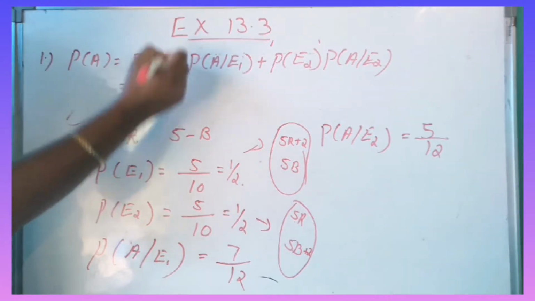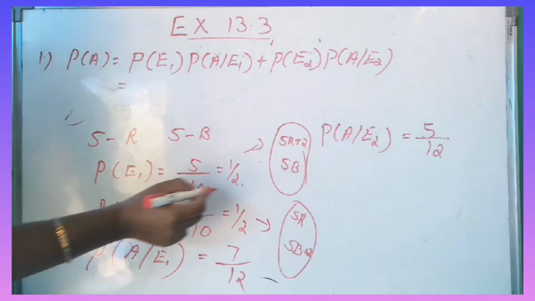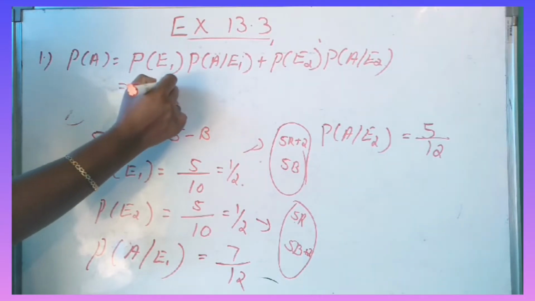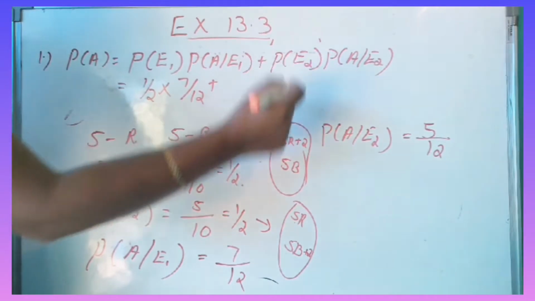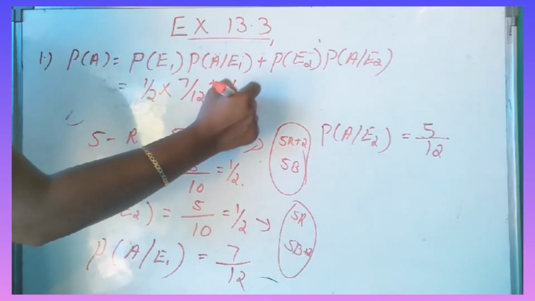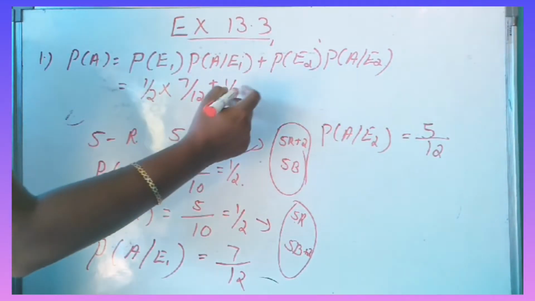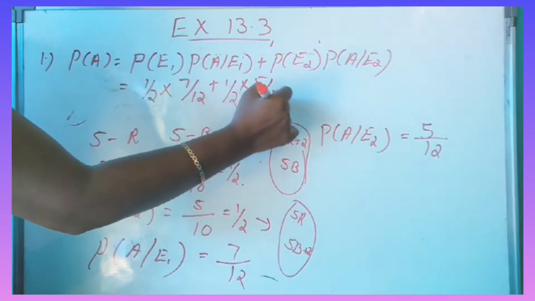Okay. Now just substitute those values. P of E1 is 1 by 2 into P of A given E1, 7 by 12, plus P of E2, that is also 1 by 2, into P of A given E2, that is 5 by 12.